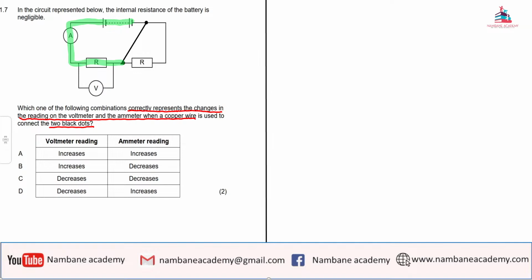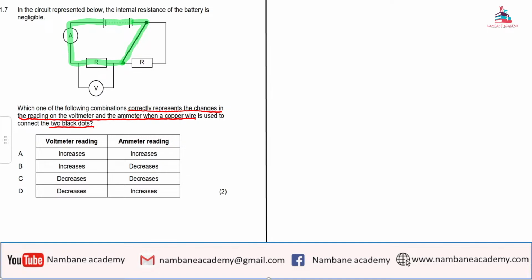Ladies and gentlemen, current wants to flow with ease. It will not go to this other R because there's an option of going in a seamless direction. So it will not go to the other R.